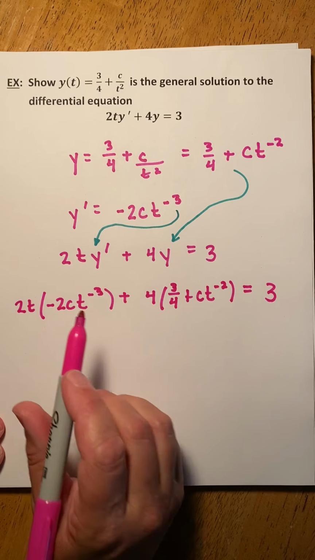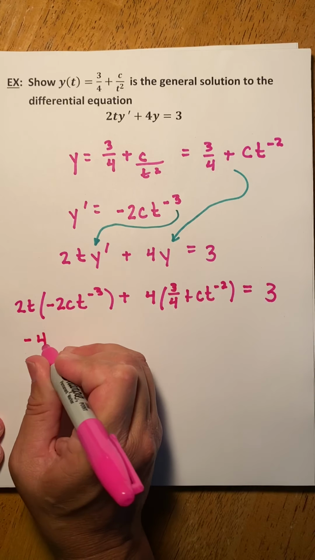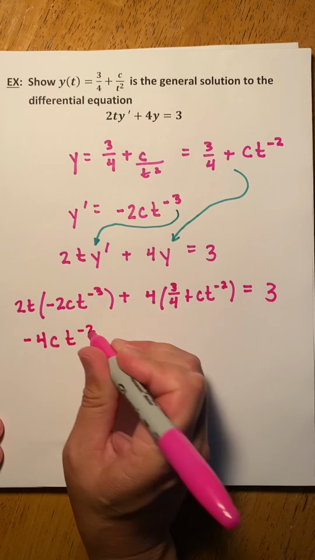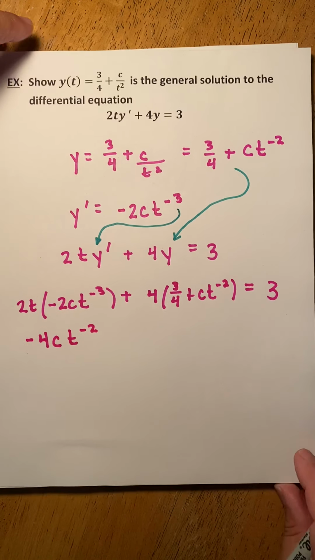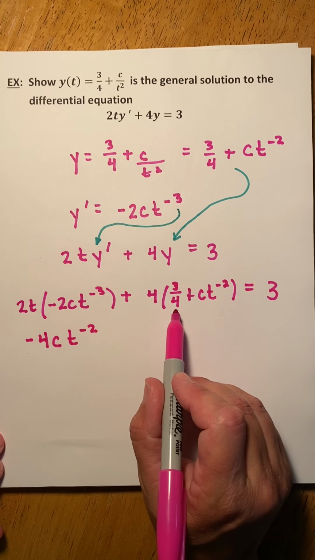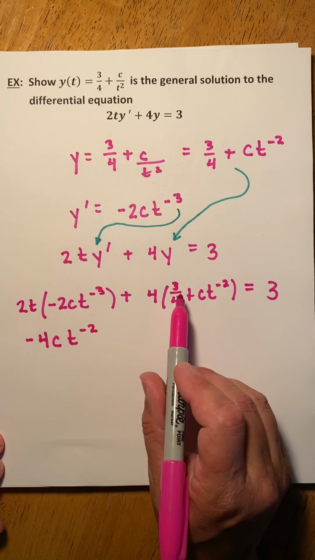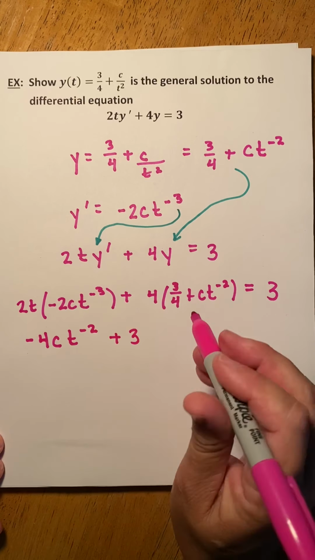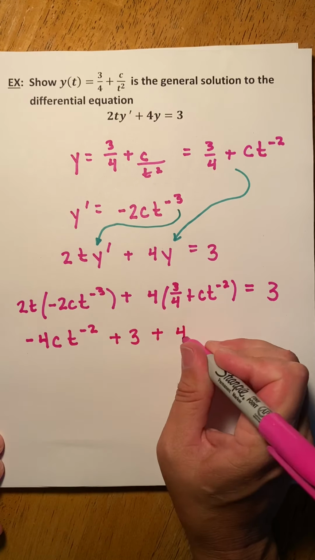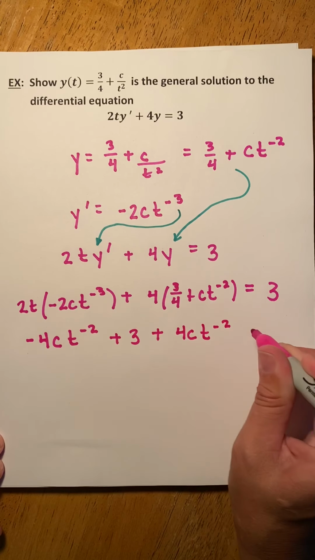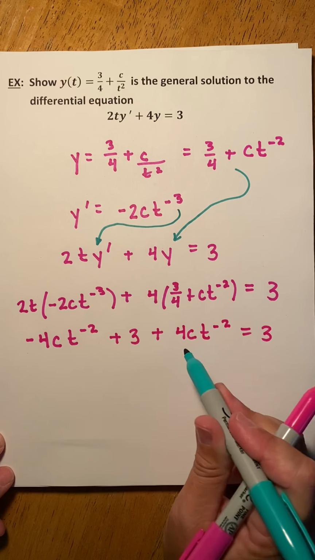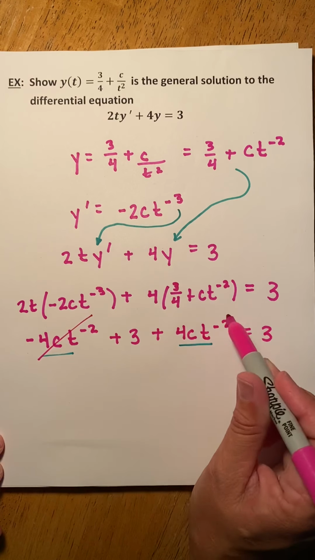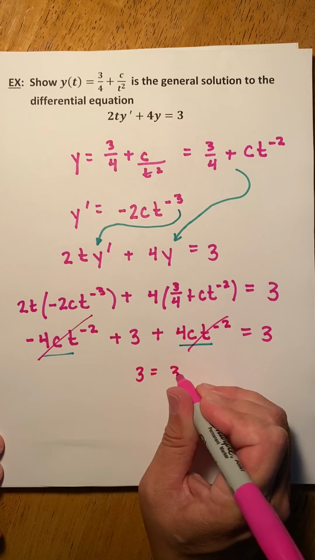This is going to be negative 4c, and then t times t to the negative 3 will be t to the negative 2 if we add the power 1 to negative 3. And then 4 times 3/4 is going to be 3. And then 4 times the second term is 4ct to the negative 2 and equals 3. Well, notice these terms are the same term but opposite in sign, so they cancel. And we get 3 equals 3.